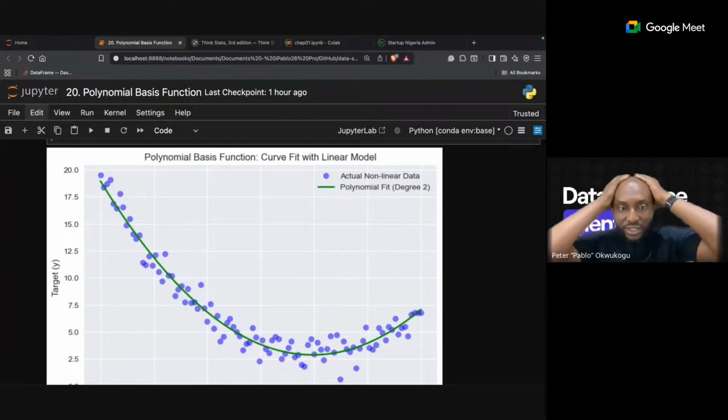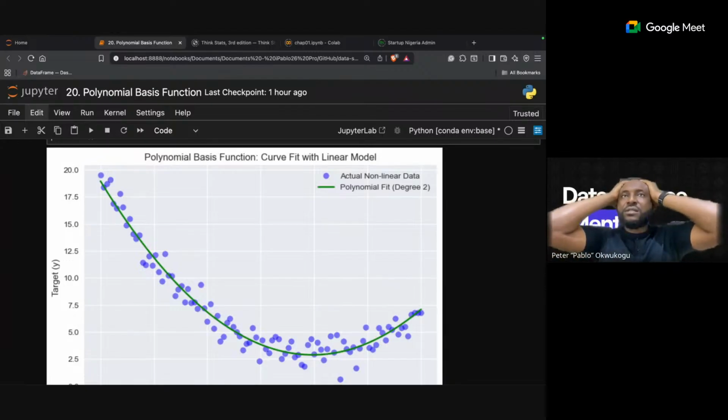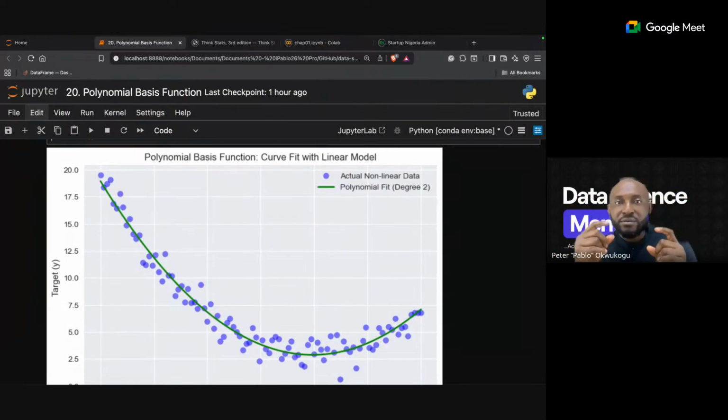So this is what the polynomial basis function does. And remember, this isn't a mindless repetition. This is a realization that we're trying to solve a real world problem, taking cognizance of the dramatic way things happen in reality. Right, so that is that for the polynomial basis function.